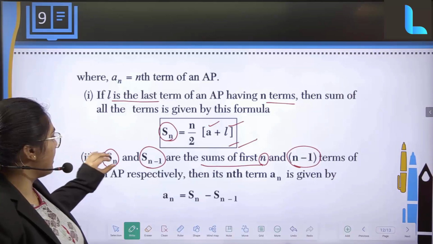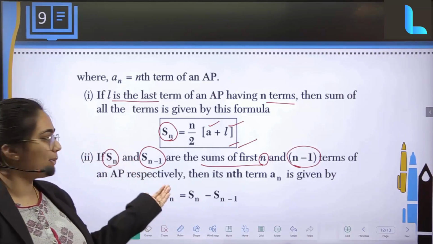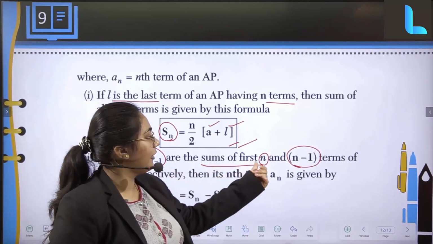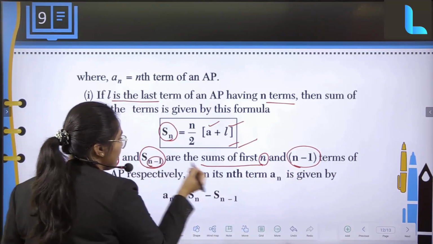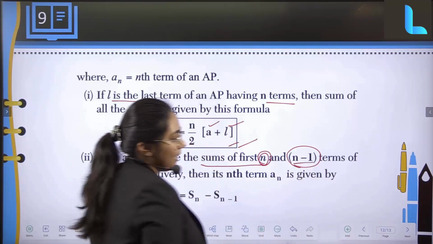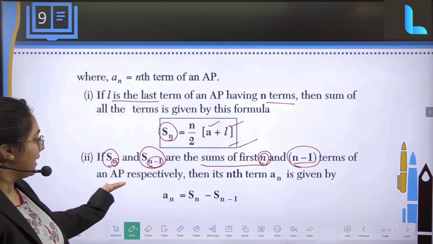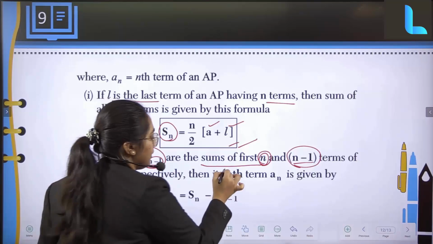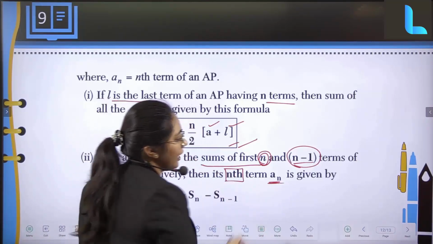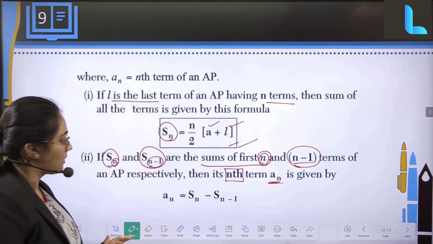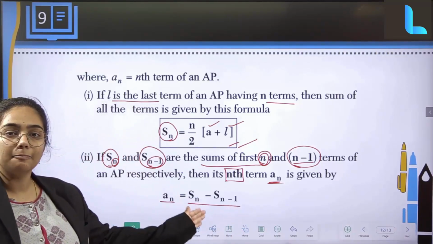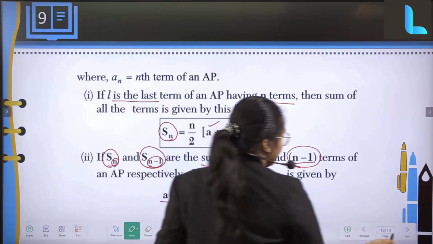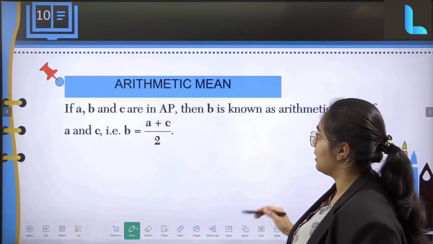But before that, how do you find the nth term an? For that, the formula is an is equal to Sn minus Sn minus 1. Clear? It is nothing but formulas over here.